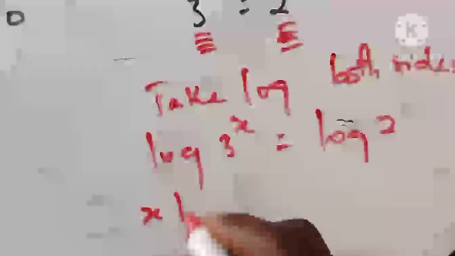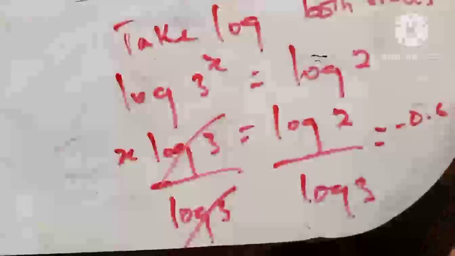So you have x log 3 equal to log 2. We divide both sides by log 3, so these cancel and you have x equal to log 2 over log 3, which is equal to 0.63 and so on.